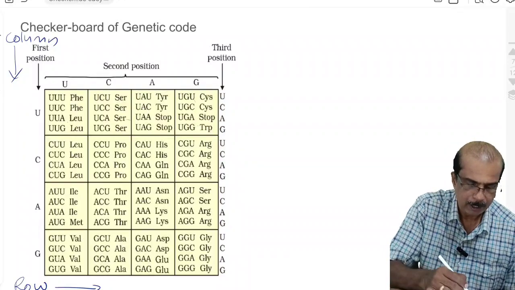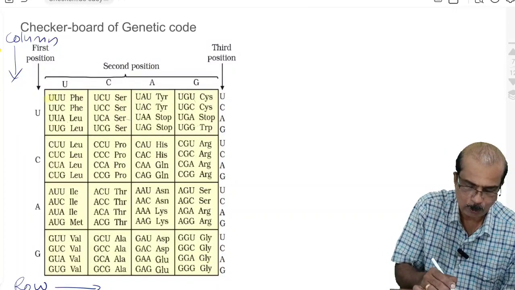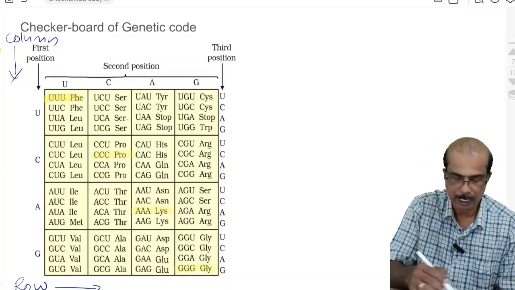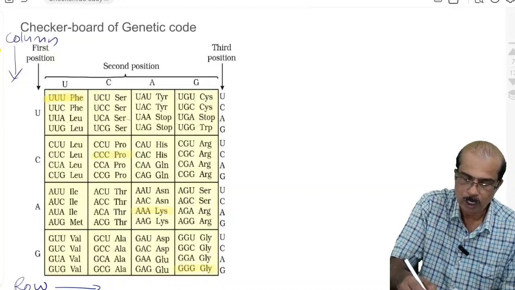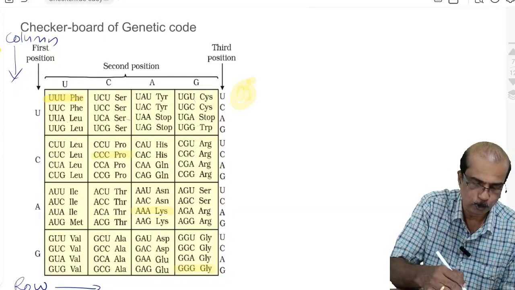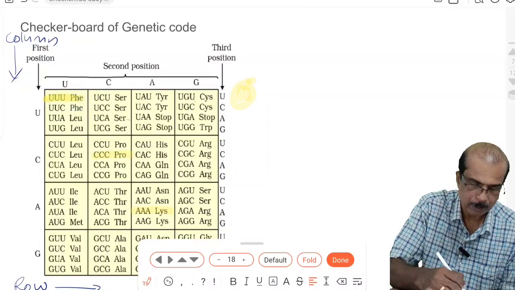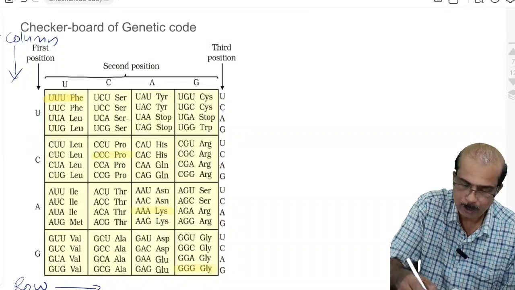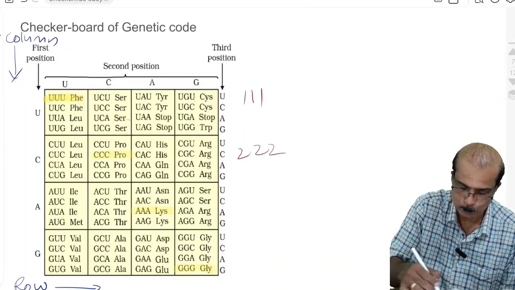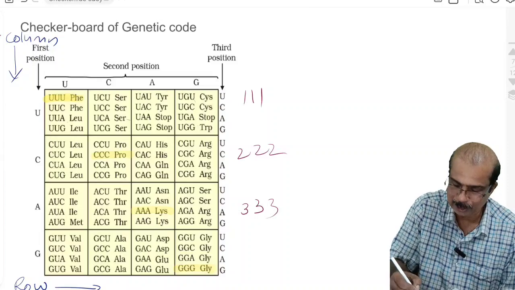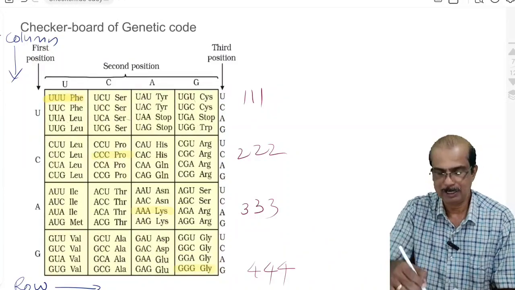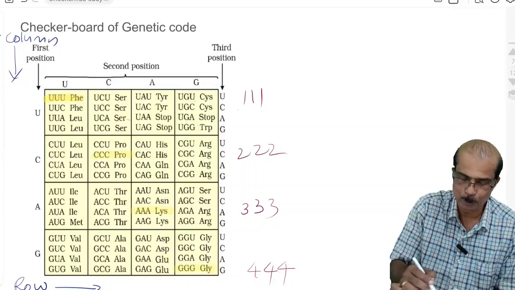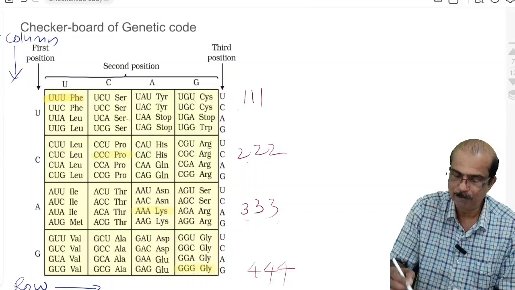If you examine the homogeneous codons, UUU, CCC, AAA and GGG, they have the serial numbers UUU 111, CCC 222, AAA 333 and GGG 444. These are the 3-digit numbers of the homogeneous codons.